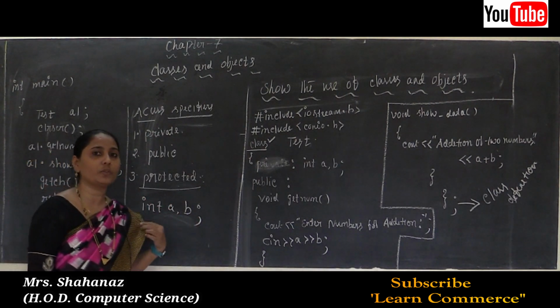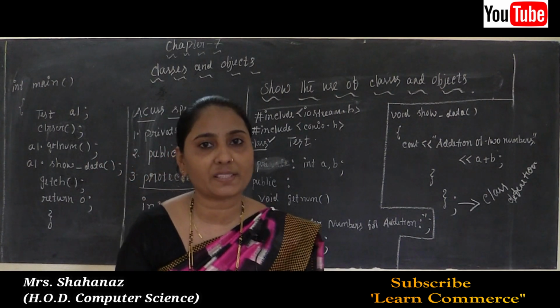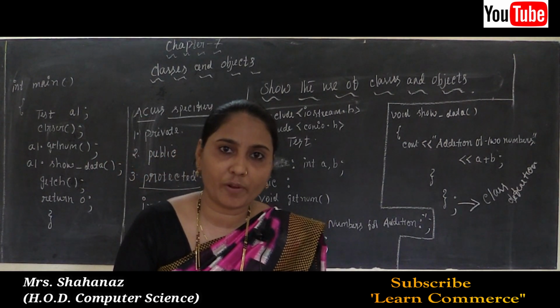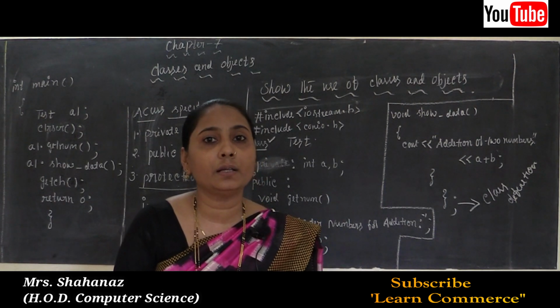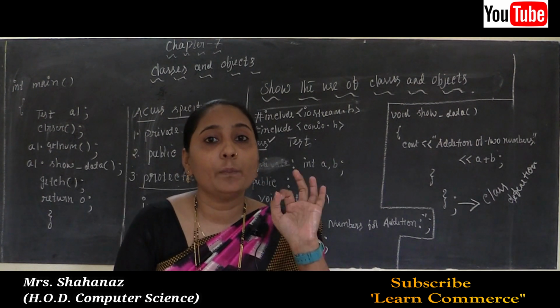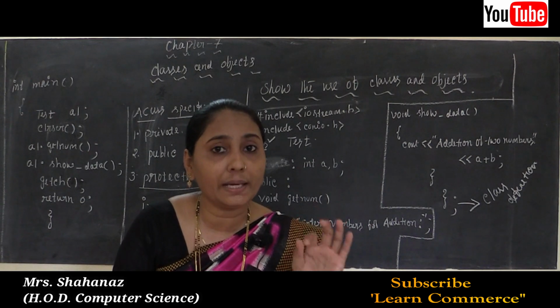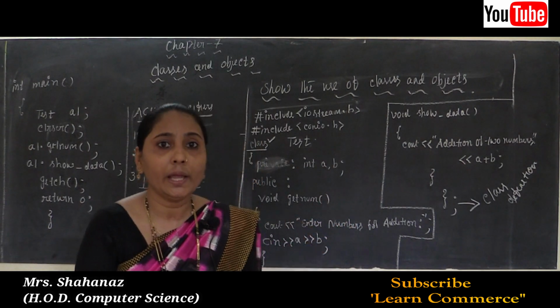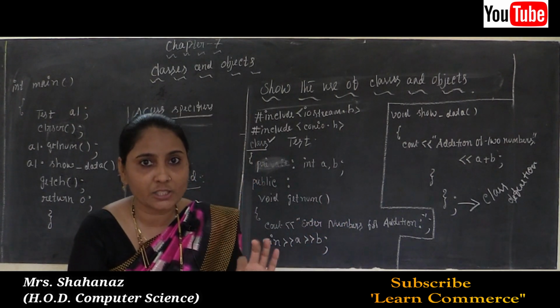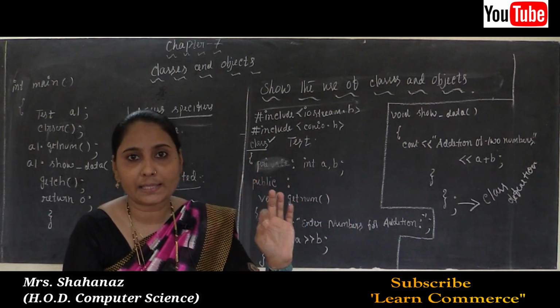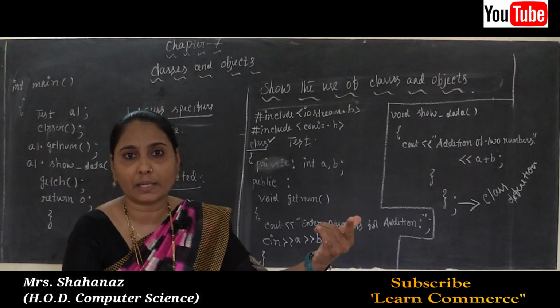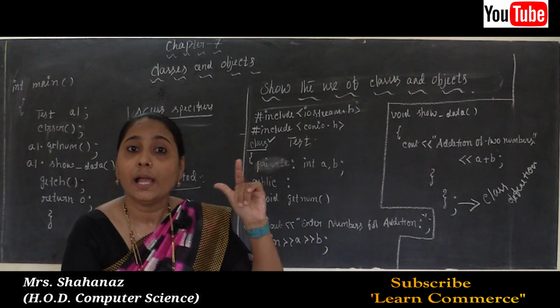Now what's the meaning of private? The members declared under private are accessed only by the member functions present inside the class. The member cannot be accessed from outside. You should remember it: the outside class function cannot access such data.